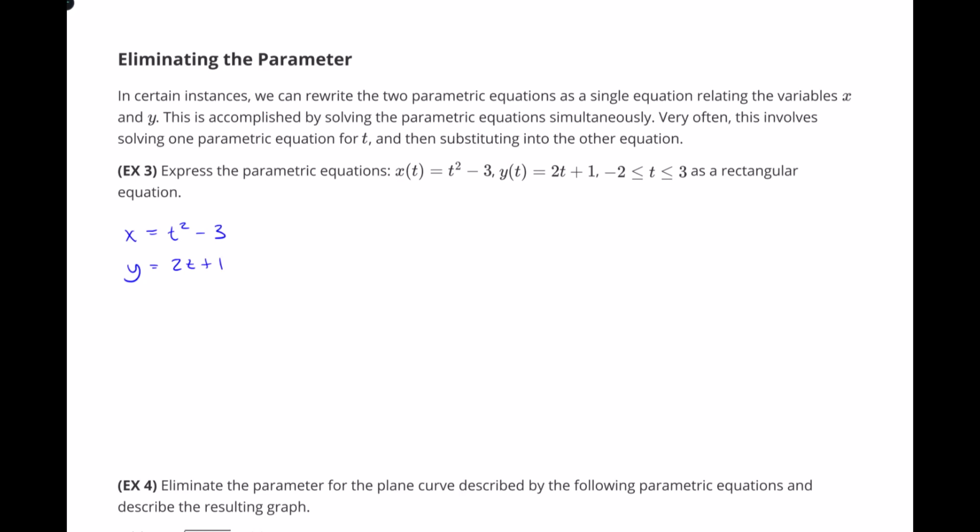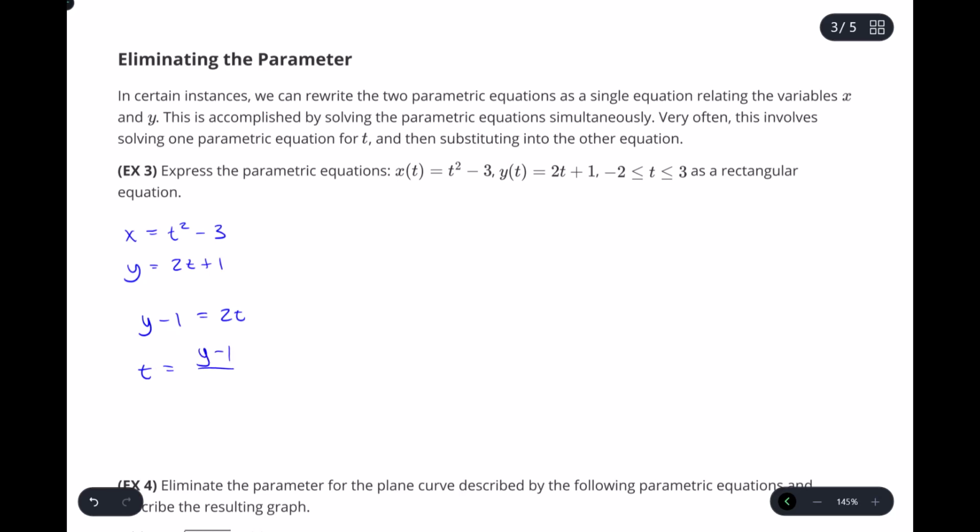In order to switch this form, we would just choose one of the variables to solve one equation for t. So I'll pick y, because it has a linear variable t. So y minus 1 equals 2t, so that t is defined as y minus 1 divided by 2.